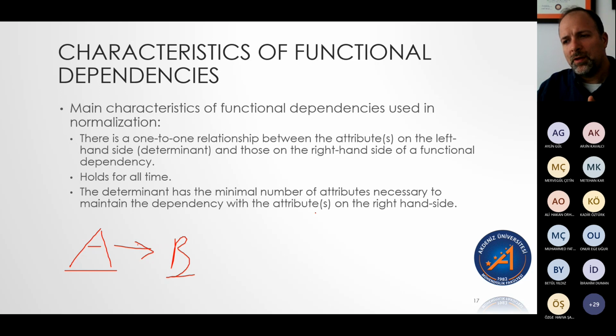If I have only one column on the left, we know that's a full functional dependency. If all the columns on the left are necessary in order to have the dependency hold true, then that's called a full functional dependency.